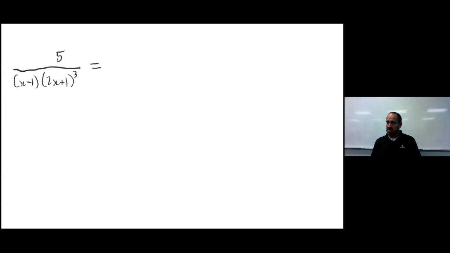Then how would I represent this? Help me out here. Yeah, A over (x minus 1), and I'm basically done with that part now. Now I have to deal with the other junk. Know what I'm saying? Okay? So what would I do with that?